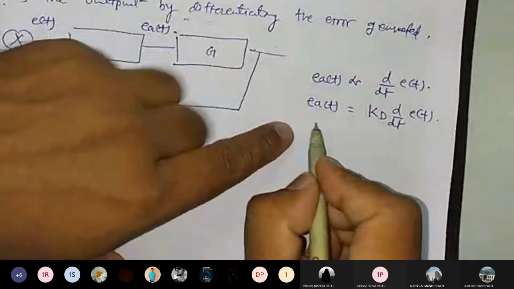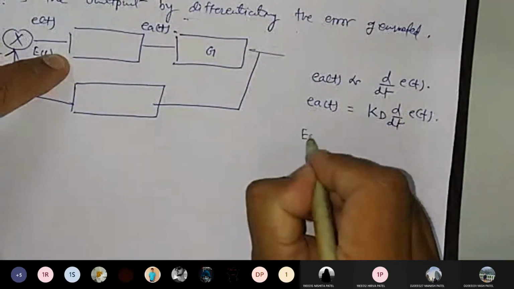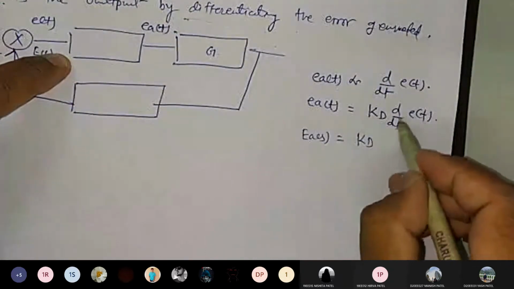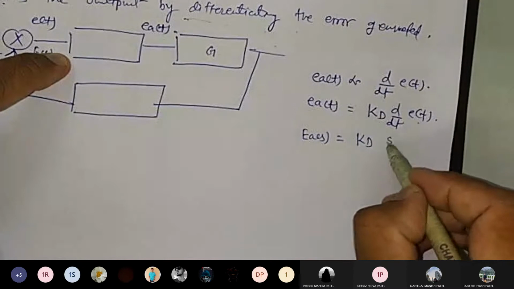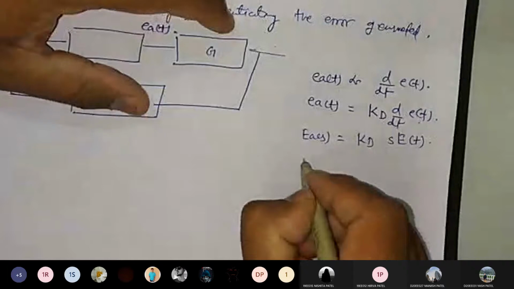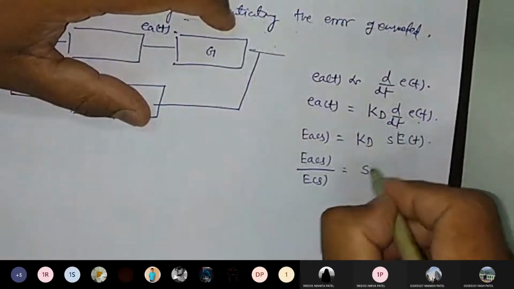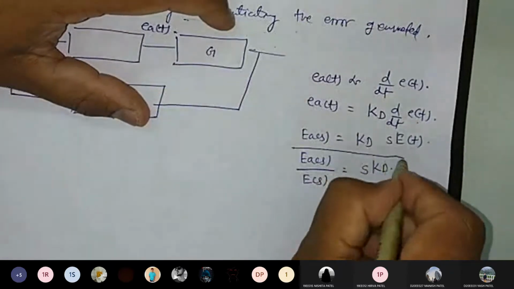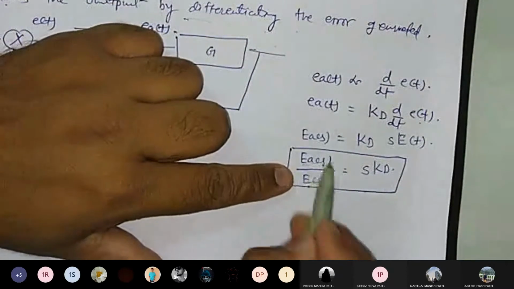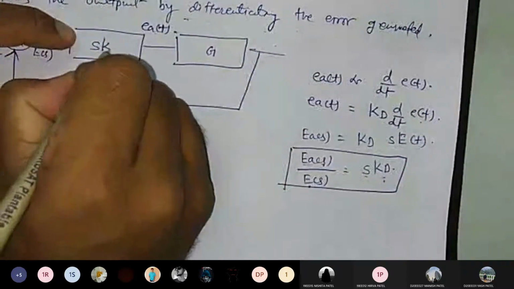If I want to find the Laplace, because we want to draw in terms of Laplace, Ea of s is equal to Kd times the Laplace of d by dt of E of t, which is s times E of s. So Ea of s upon E of s is equal to s Kd. It is the output divided by input of the particular Laplace transformation, s Kd, so it should be the gain of your controller.